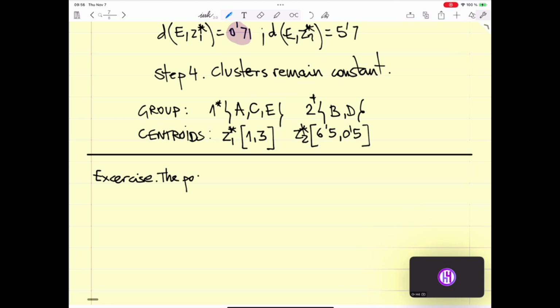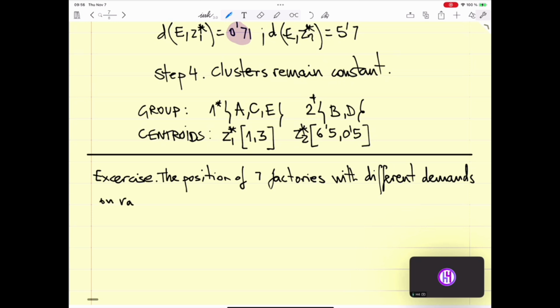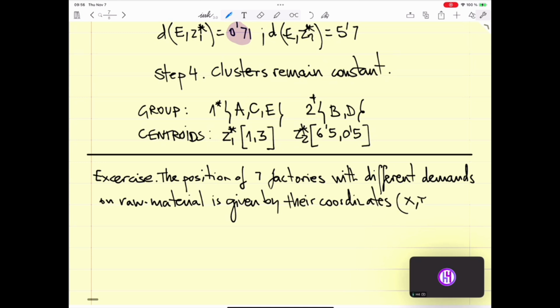The position of 7 factories with different demands on raw material is given by their coordinates x and y in the map.